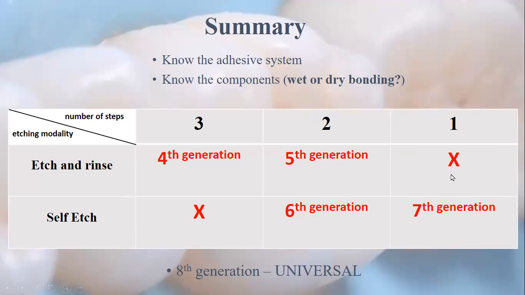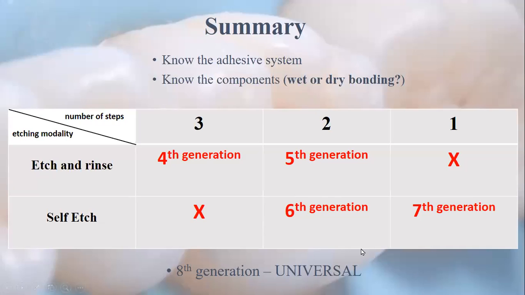And then if it's 7th generation, we have the single step, it being a self-etch modality, because the etch, the prime, and the bond have been all combined into one. And then over and above the 7th generation, we have the 8th generation adhesives, which are also known as universal. So the difference between the 7th and the 8th generation is that in 8th generation adhesive systems, they incorporate nanoparticles, which basically enhance the physical properties.